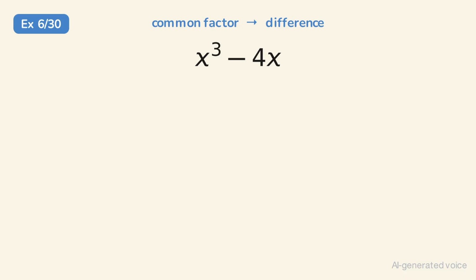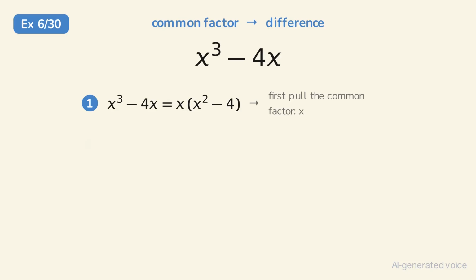Now we start combining techniques. Let's factor x³ minus 4x. 2 terms, but first of all, the golden rule. Always check for a common factor and take it out first. Here x is in both terms, so we pull out x, and inside we're left with x² minus 4.